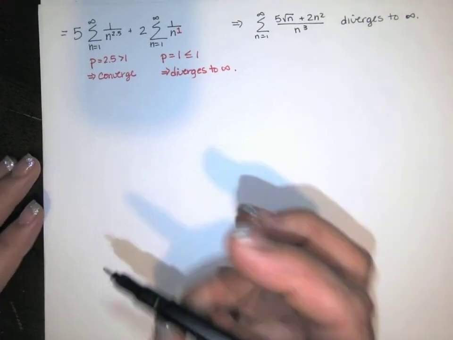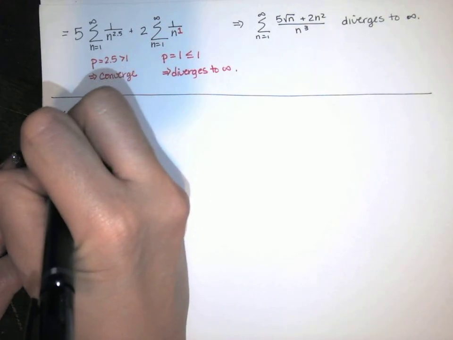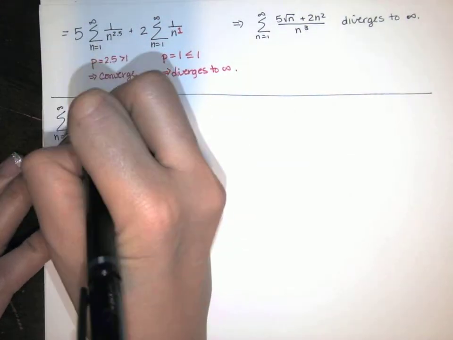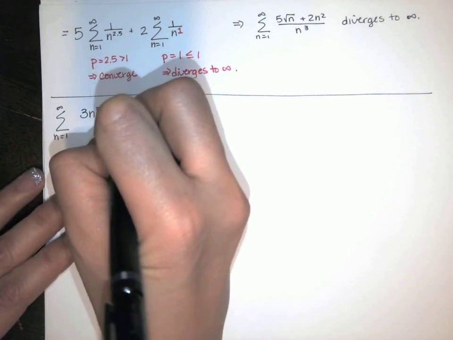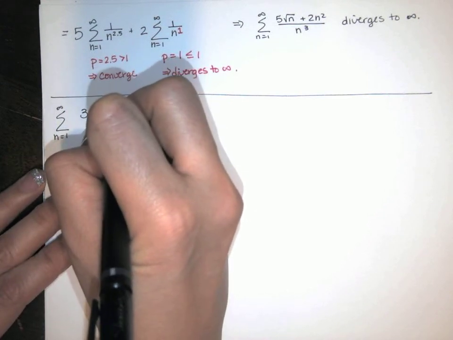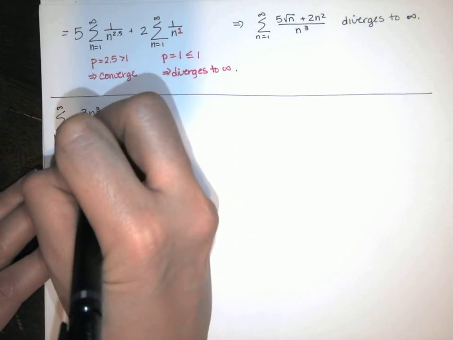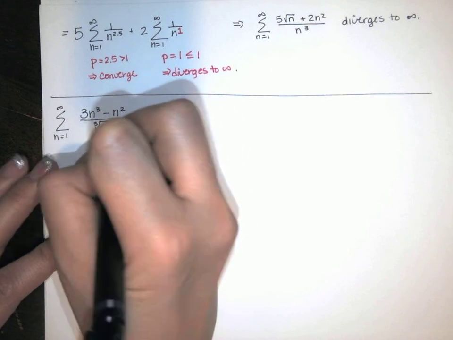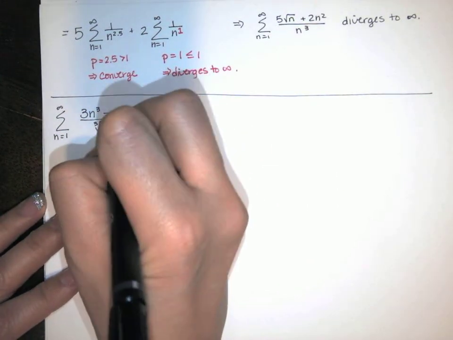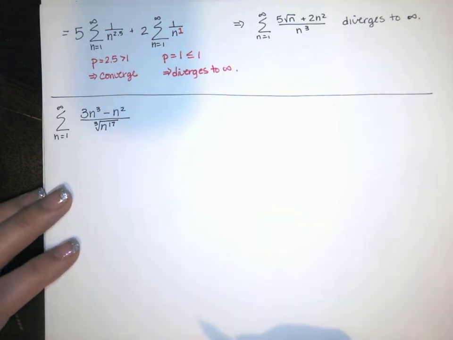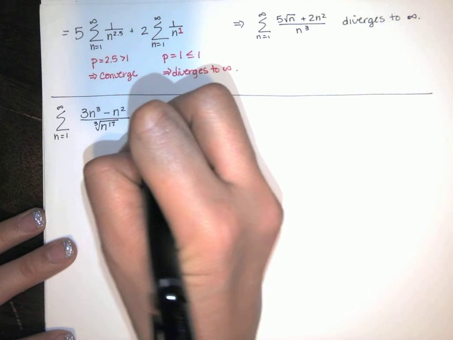Now let's do another one that's similar, just for practice. Alright, so I've got the cube root of n to the 17th down here.